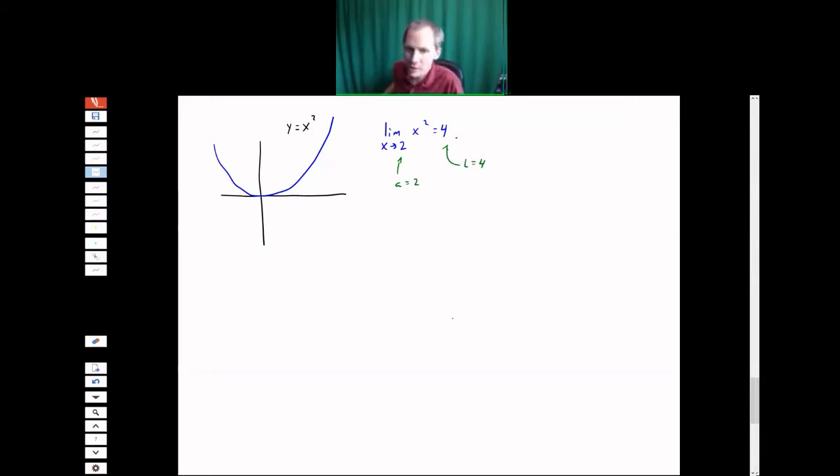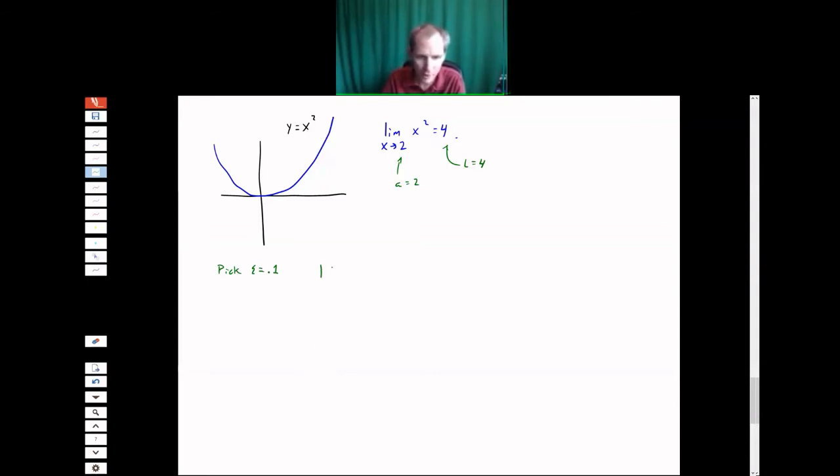And what we're going to do is walk through the definition here, or at least part of it. What does it mean for my function values to be close to 4? So let's suppose we pick an epsilon that's equal to 0.1. Okay.